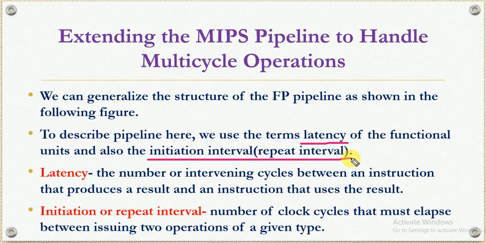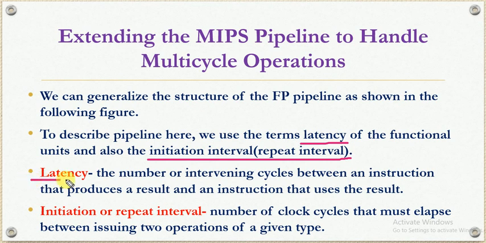As you know, latency is the time delay between 2 instructions. If one instruction produces a result and the second instruction expects that result, how long will it take? What is the delay? That is, how long the second instruction waits to get the result of the first instruction. That is called latency.